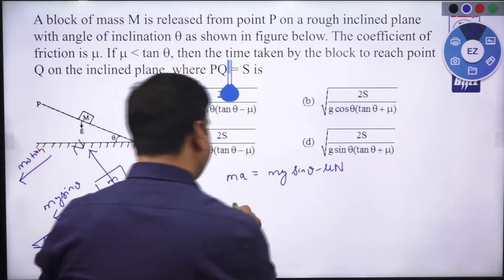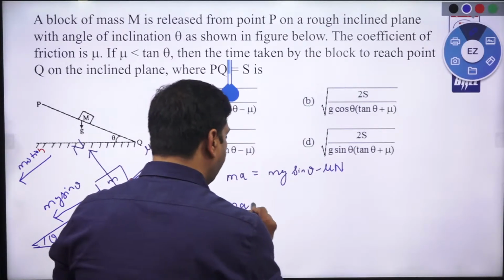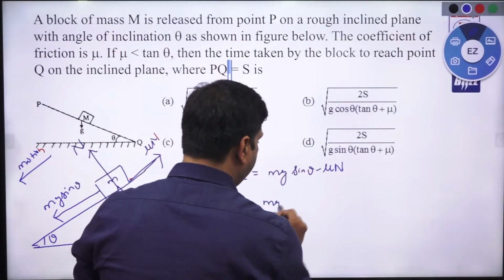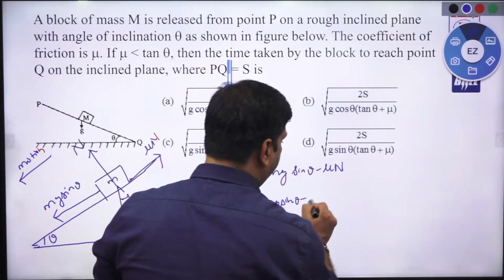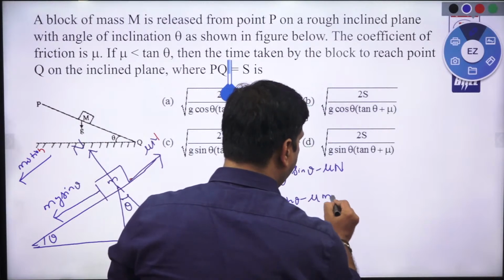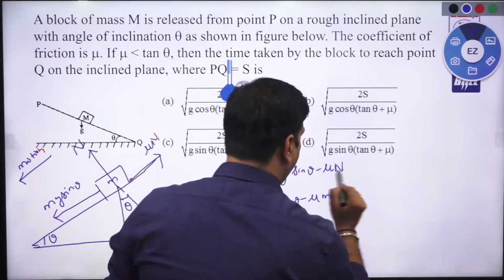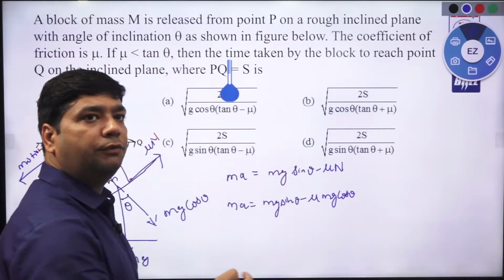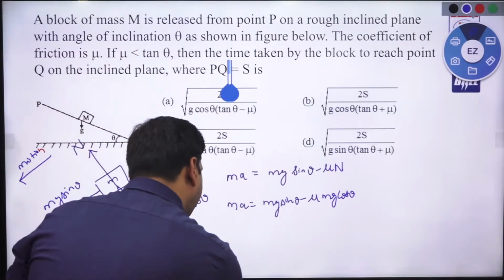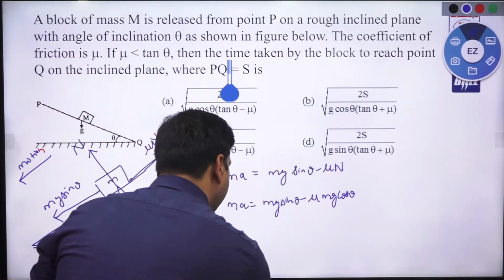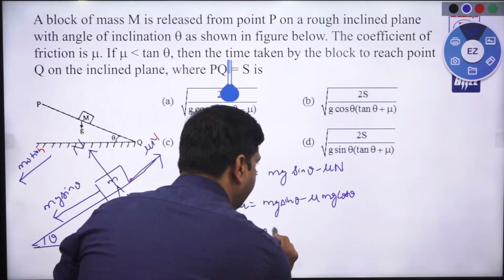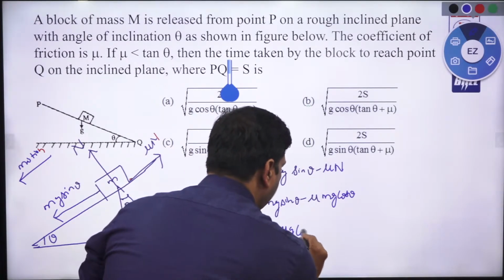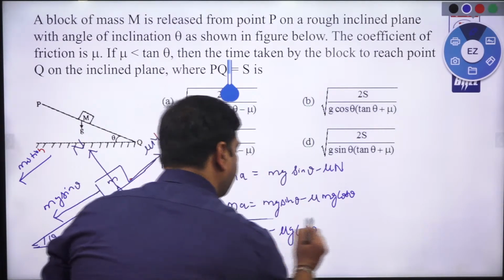So we can also write: m a equals mg sin theta minus mu mg cos theta. Taking m common from both sides, the acceleration a equals g sin theta minus mu g cos theta. This is the acceleration value.